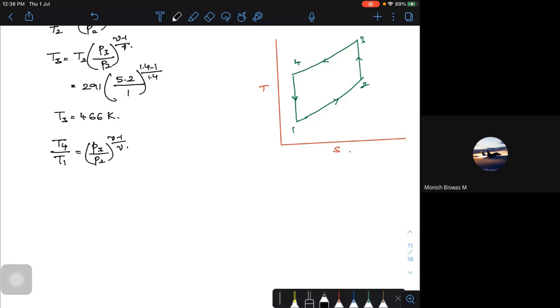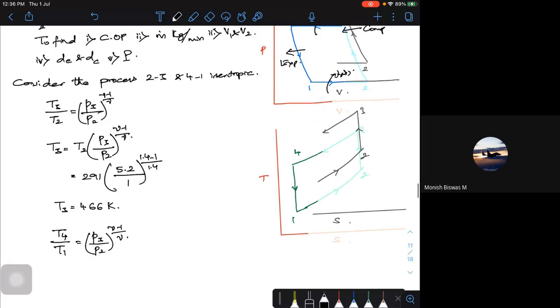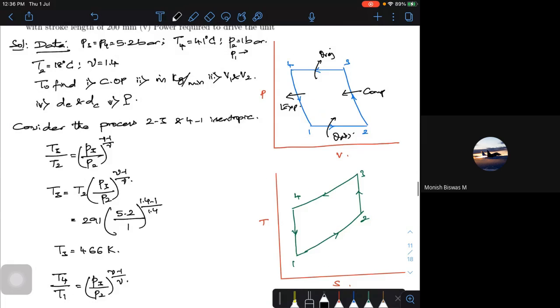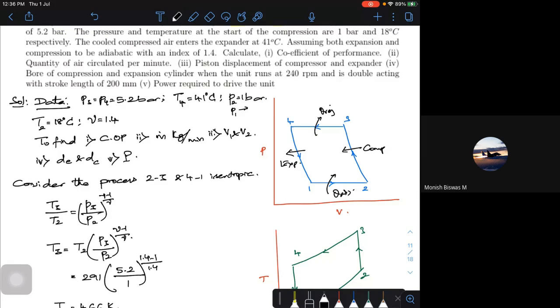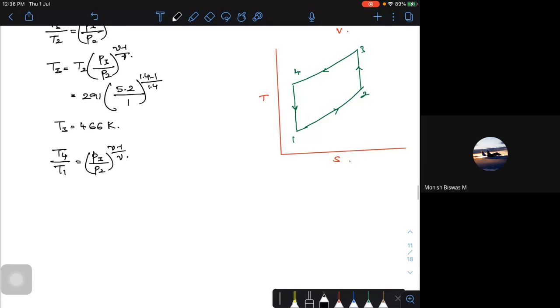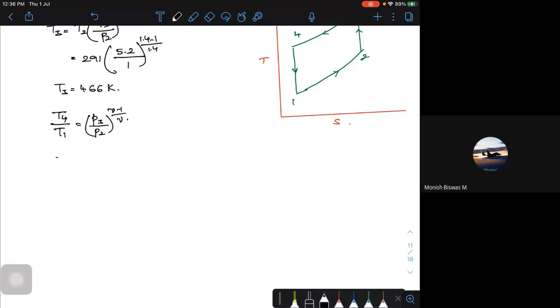I need to find T1. T4 they have given as 41 degrees Celsius, that is, the cooled compressed air entering the expander, that particular point. So that is 41 plus 273, which is 314 Kelvin. I can write T1 is equal to T4 divided by P4 by P3 to that power.